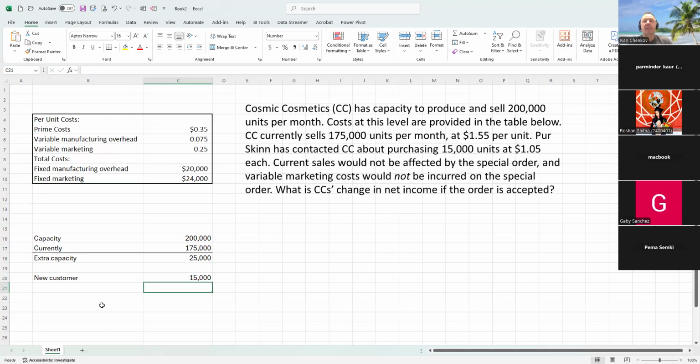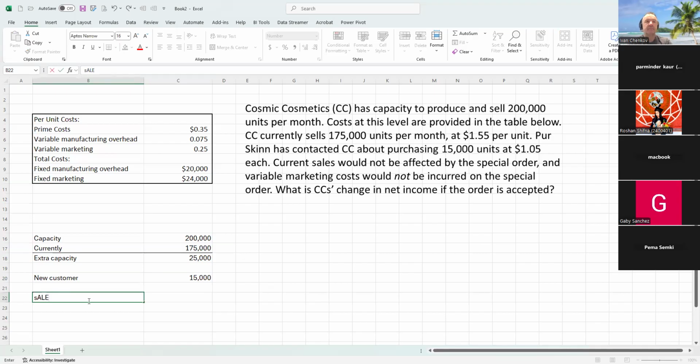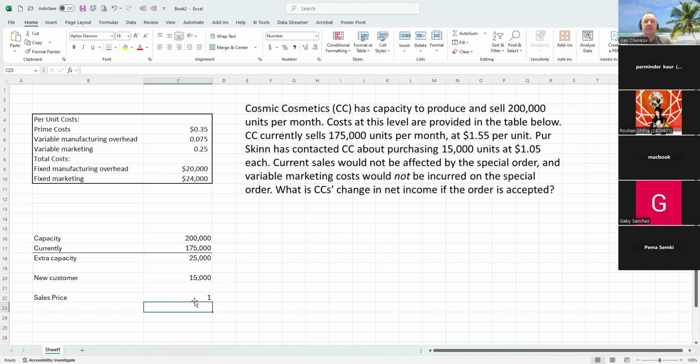Yes, we can. Now, what else does it say? What will be the purchase price? He's asking for a new sales price of 105. Our regular sales price is more than that, right?